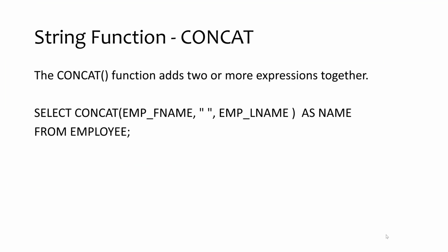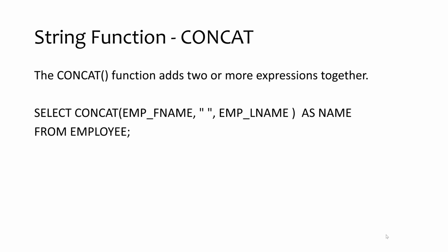Now I am going to talk about strings. The first one I am going to discuss is the CONCAT function. The CONCAT function adds two or more expressions together. In this example, I'm looking at the table called employee, and we are concatenating employee first name and employee last name as name.